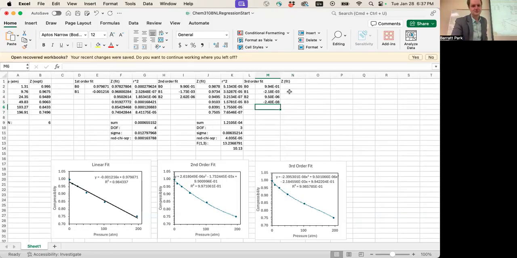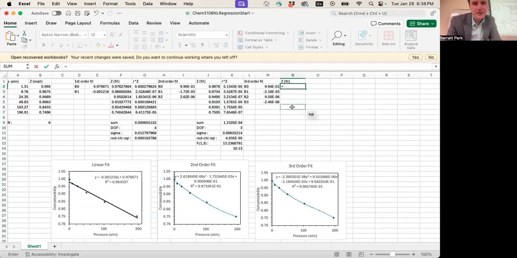Now I can calculate Z fit, but actually I can just take these numbers over here... oh no, I can't do that. I need to write another equation. So I'll copy this equation basically.